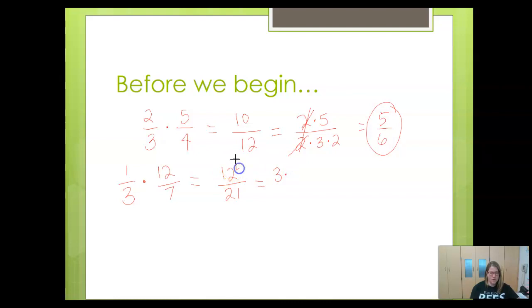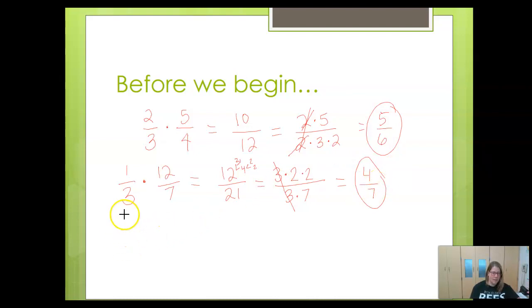So 12 is 3 times 4. 3 is prime, so I'll write 3 here. 4 is 2 times 2, so I'm going to write it as 3 times 2 times 2. And 21 is 3 times 7. Those are both prime. So just so I can see all of the factors in the numerator and the denominator, so I can see which ones are going to cancel out, which in this case is just the 3 over 3. And then I'm left with 4/7.